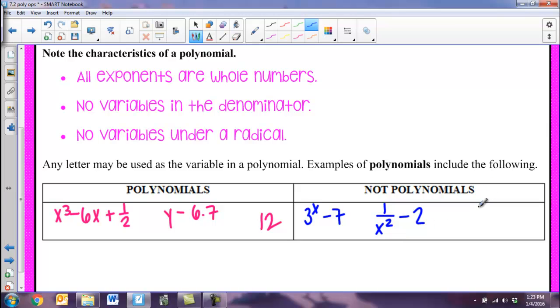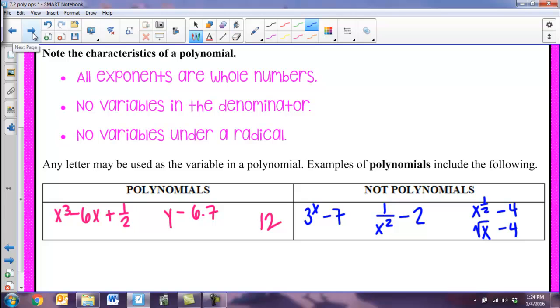And another example you might see is maybe x to the 1/2 minus 4. Okay, this isn't a whole number exponent, that's a 1/2, and if you remember back in Algebra 2, a fractional exponent means the same thing as a root, so that would be the square root of x minus 4, so now it doesn't fit under the no variables under a radical rule. Okay, so that's an example of a polynomial and what's not a polynomial.